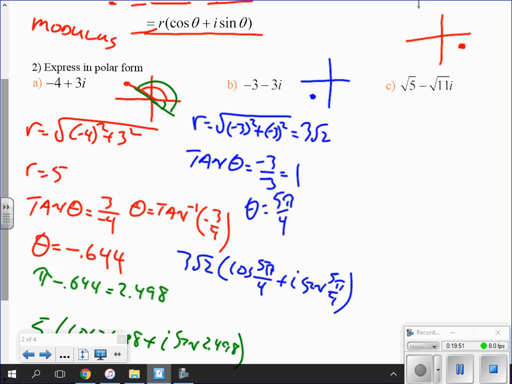Positive on the reals, negative on the imaginary. So positive, negative, it's going to be down there in that quadrant. Figure out R. R is actually really not that bad here. The square root of 5 squared is 5. Square root of 11 squared is 11. 5 plus 11 is 16. Square root of 16 is 4.